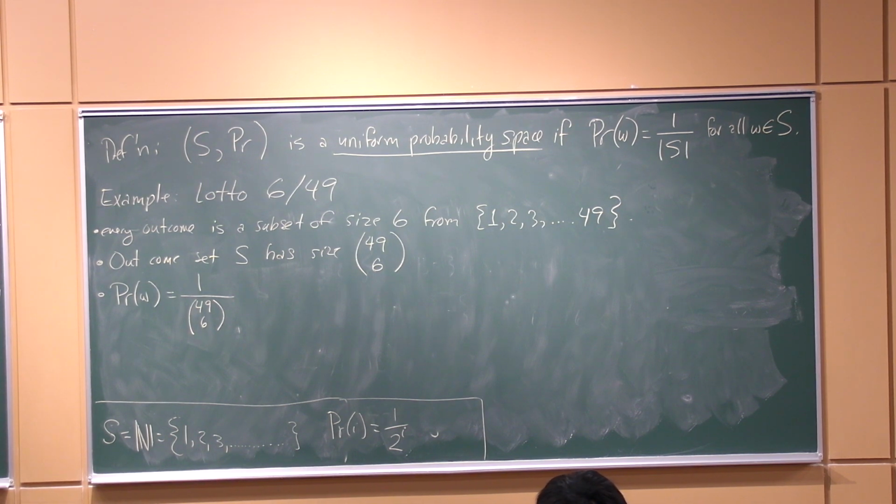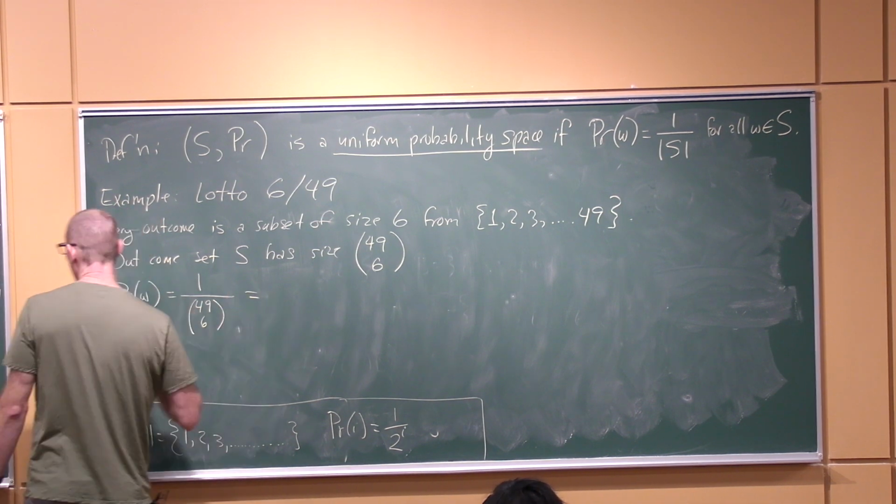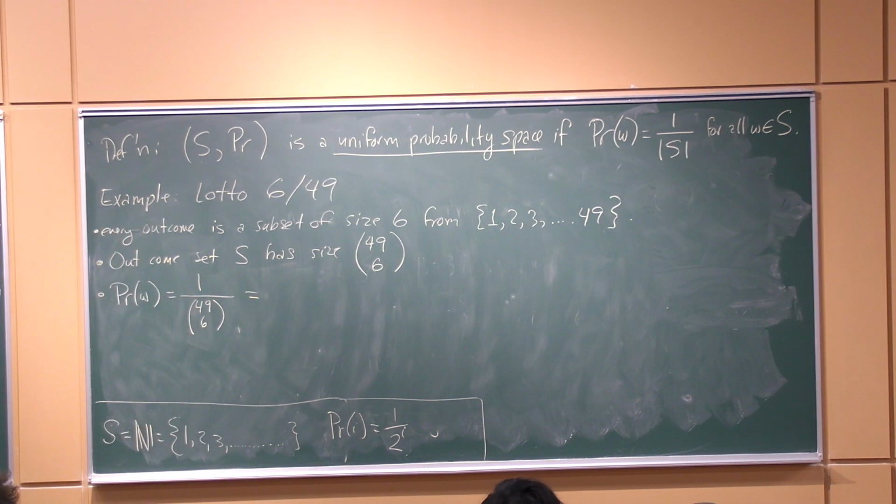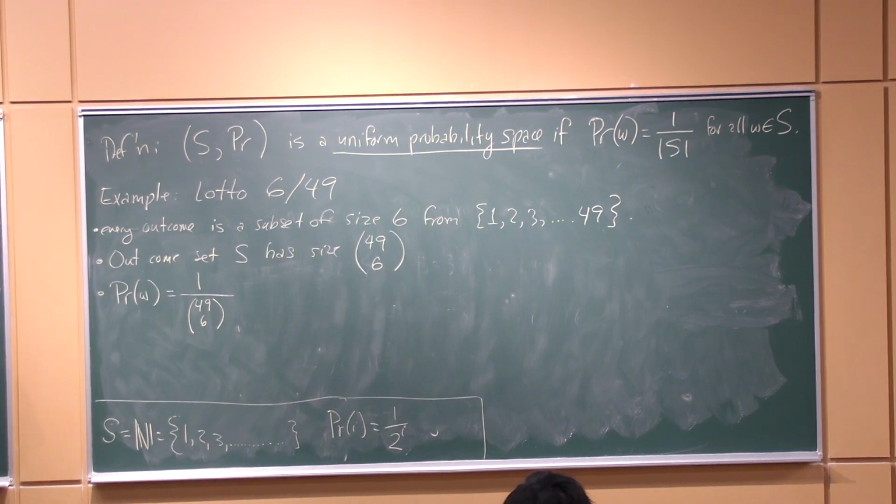So 1 over the size of S. And what's 49 choose 6? I don't know if I have it written down here. Yeah, no, I don't have it written down, but it doesn't matter. So it's an example of a uniform probability space.